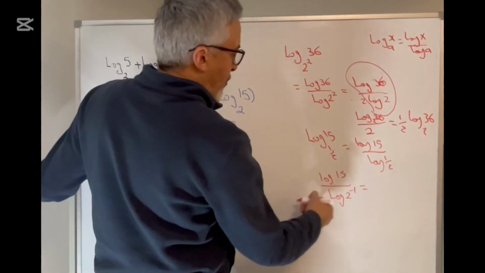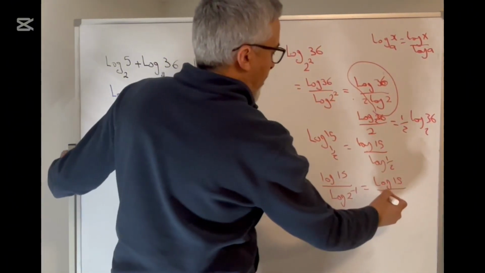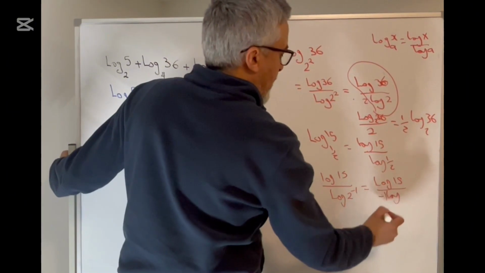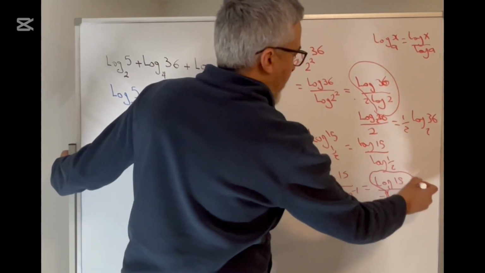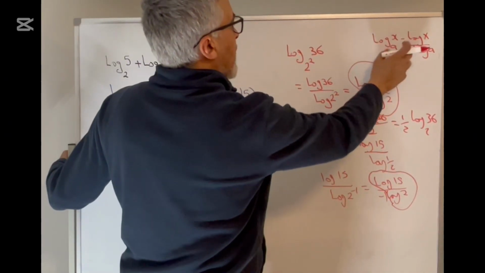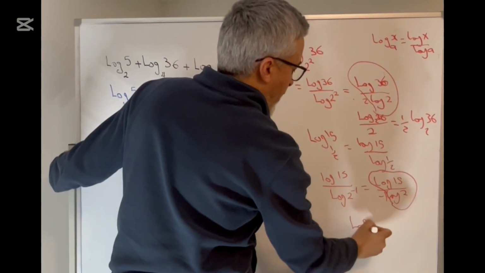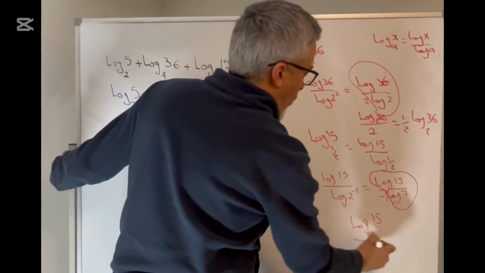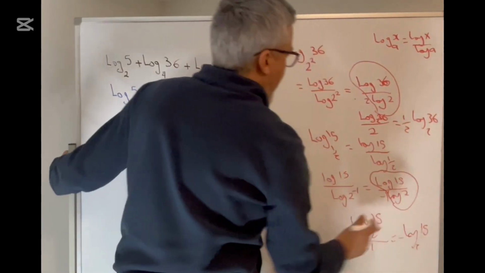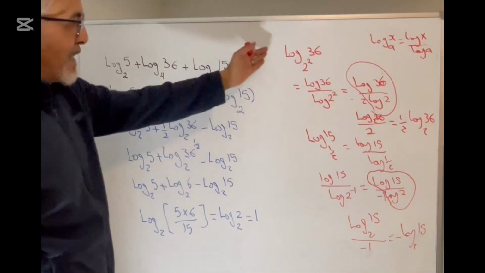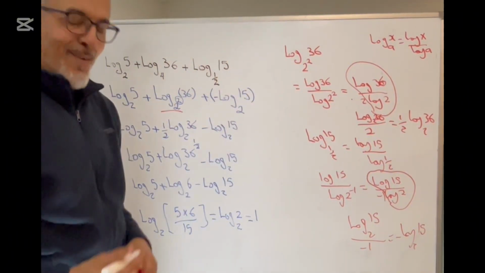And now we could bring that negative 1 down, so we have log 15 over negative 1 in front of the log, log 2. Now you see this right here, we're going to use this to go back that way, and so we have log base 2 of 15 over negative 1, which gives me negative log base 2 of 15, and that's how we did that. So just in case you were wondering how we did all of this, it's all in here.